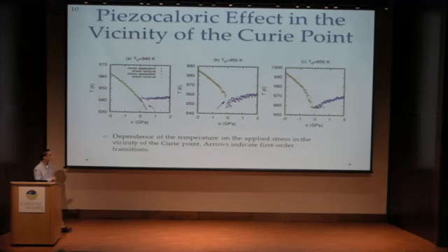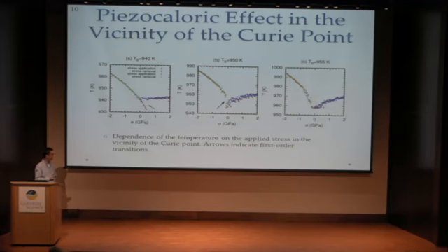Now, as we approach the Curie point, about 4 Kelvin away from the computational Curie point, under tensile stress we still have continuity, but we have a first order jump of about 9 Kelvin when we apply compressive stress. Moreover, it's reversible, so it comes back down to our initial temperature here. This is important because we're now able to utilize, or harvest, the piezocaloric effect.